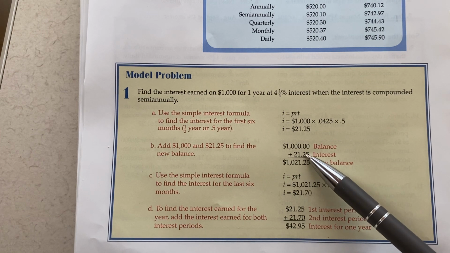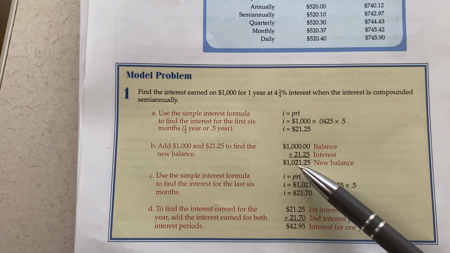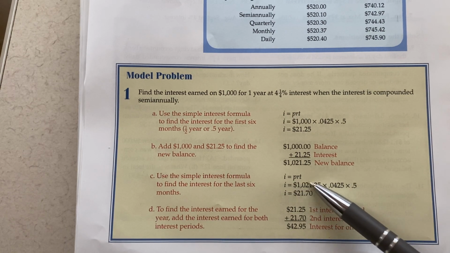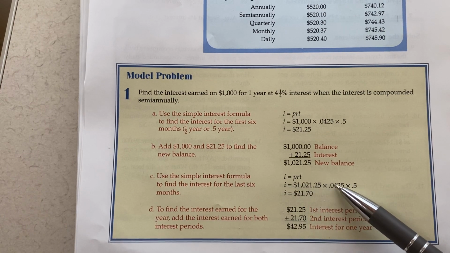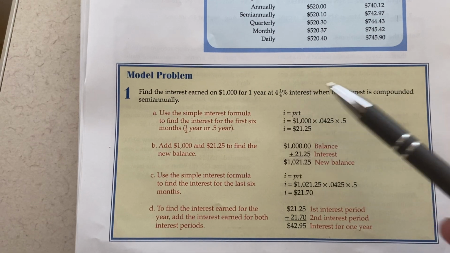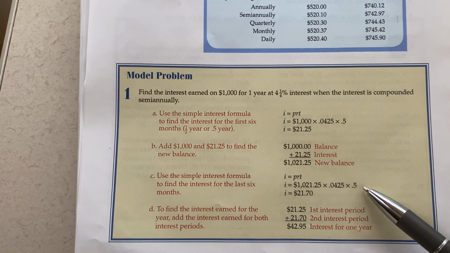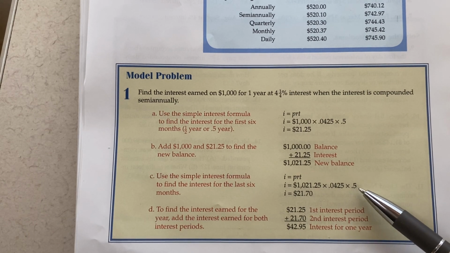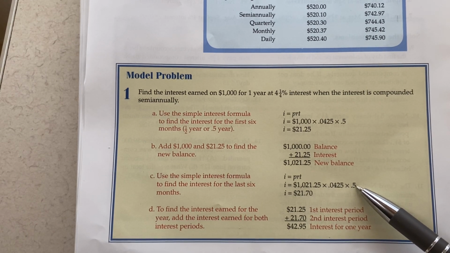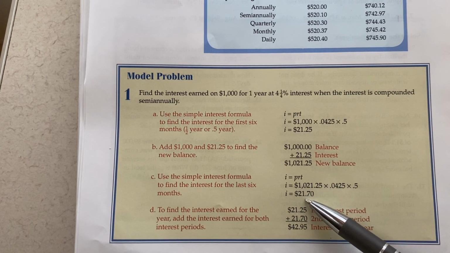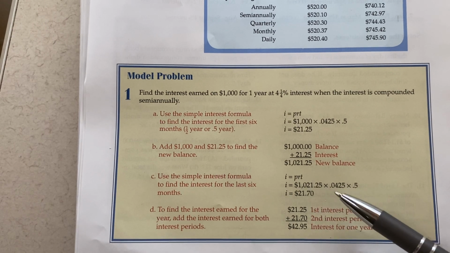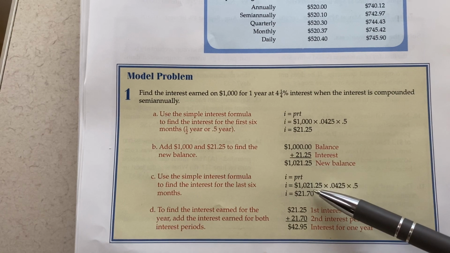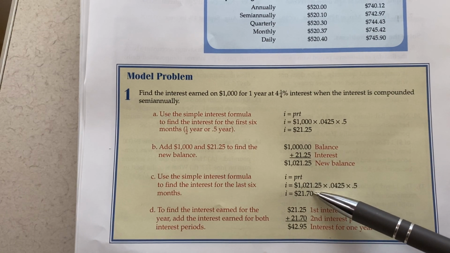Now we put interest equals P, that's our new balance, plus 4.25% interest right here for another 6 months, which would be 0.5. 1 year would be 1, and a half a year would be 0.5, right? We add this up and we get $21.70. So we made more money on the second because we had more in the bank, right?